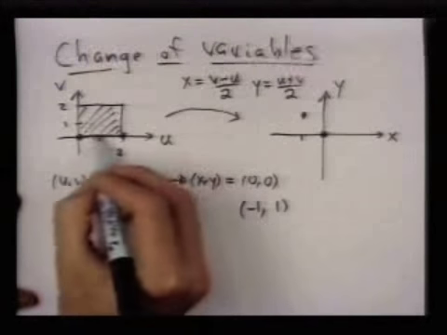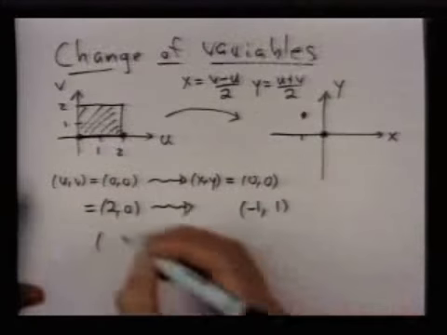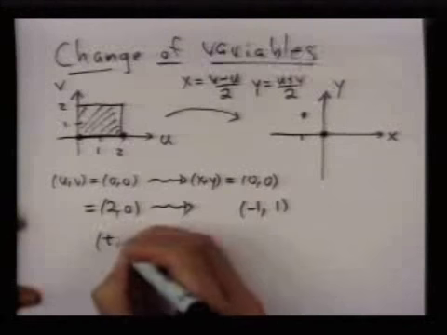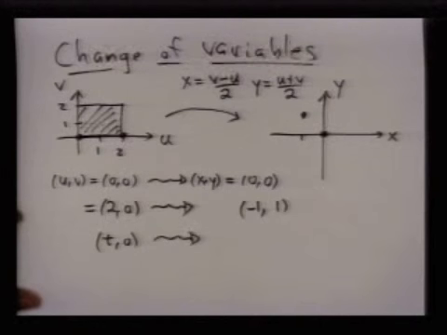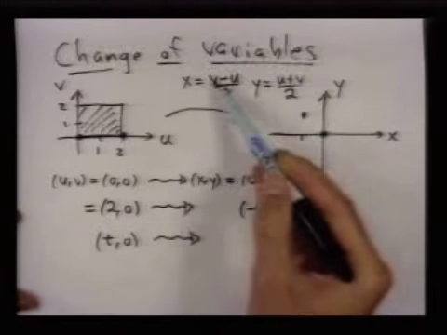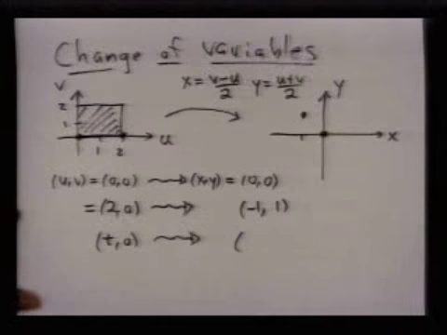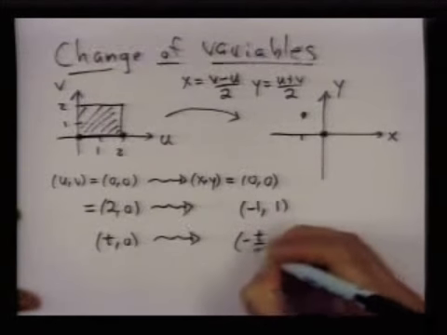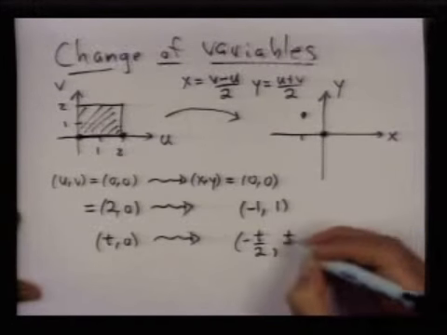Let's see what happens to this entire line segment. Any point on here could be described as something of the form t, 0. What do those get turned into? Well, if I plug 0 in for v and t in for u, the points that you get will be negative t over 2, t over 2.